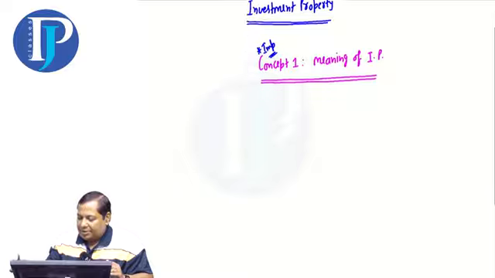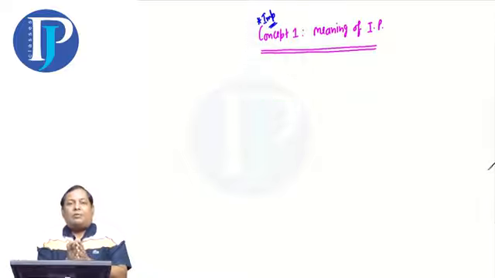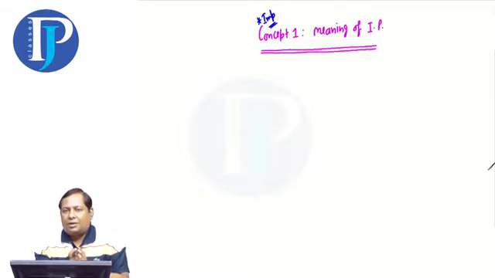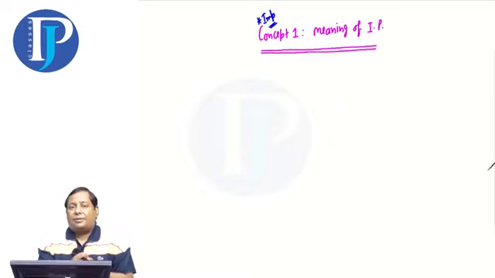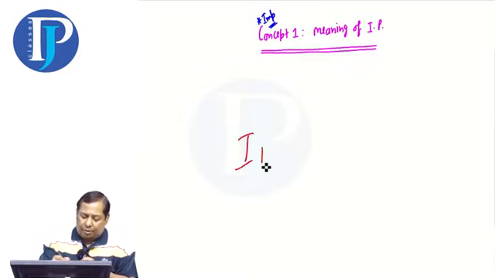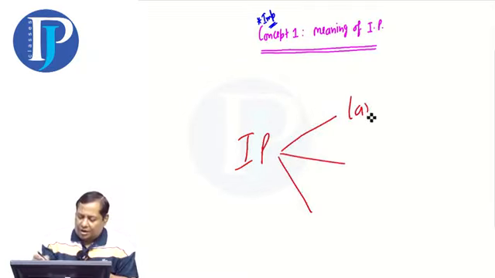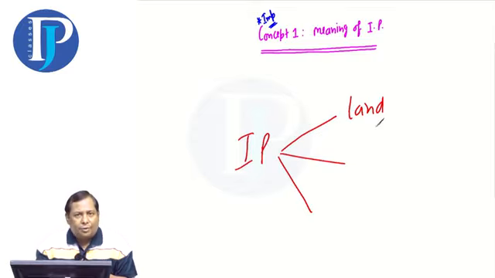So the first thing is, what is the meaning of investment property? The Ind AS that we want to discuss here, what is this about? They have explained to us the meaning of investment property. It can be land.